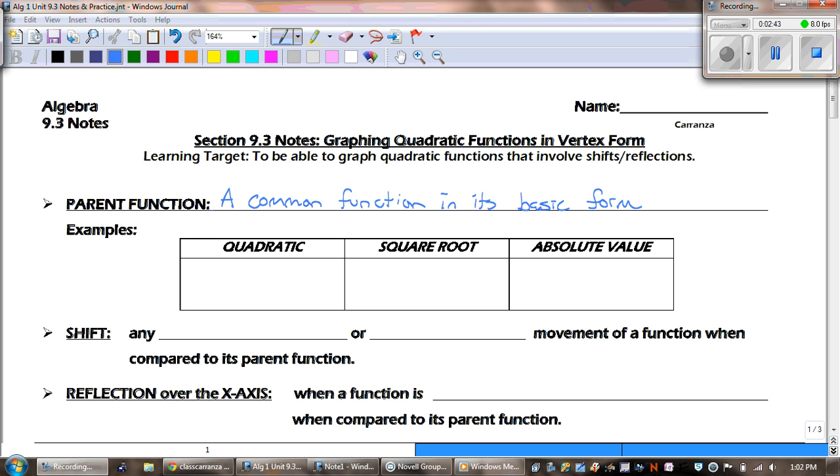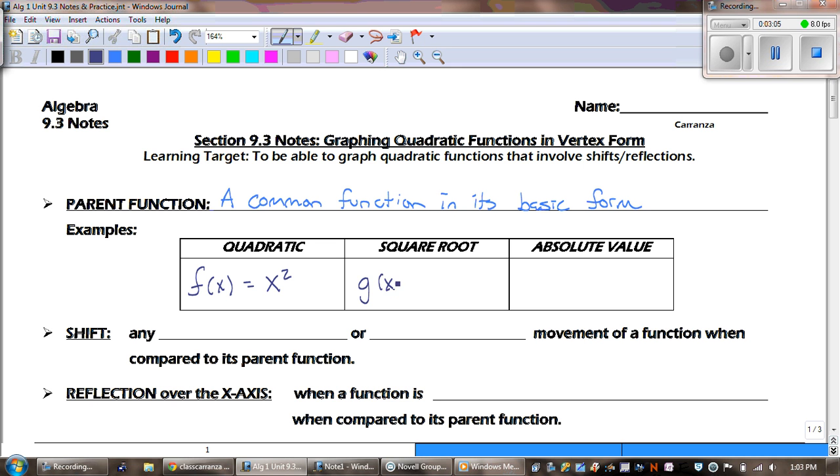Okay, so a parent function. A parent function is a common function in its basic form, okay? And some examples of that, if we were talking about a quadratic function, the most basic quadratic function would just be x squared, okay?